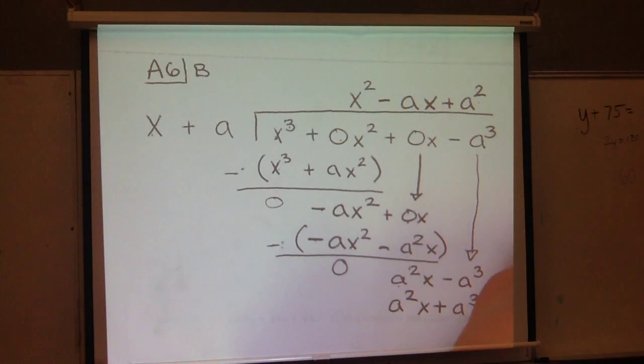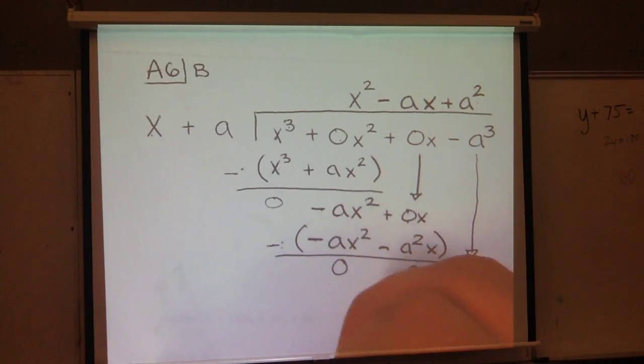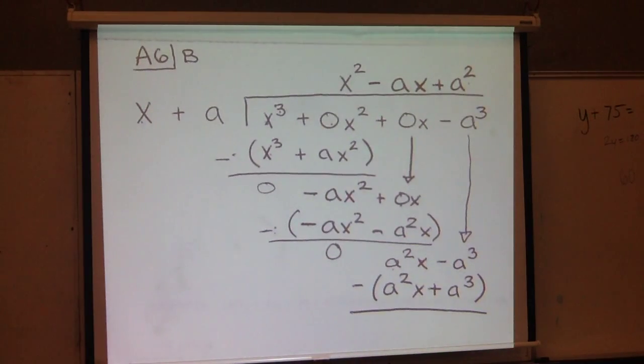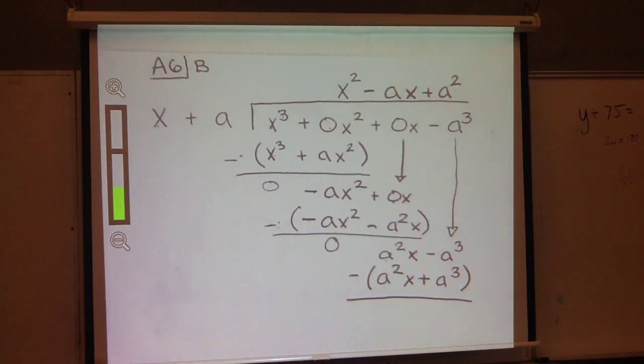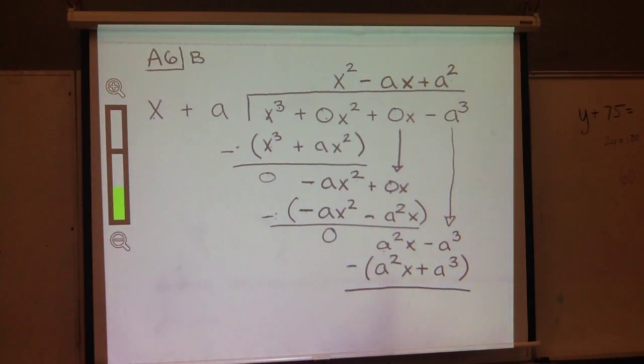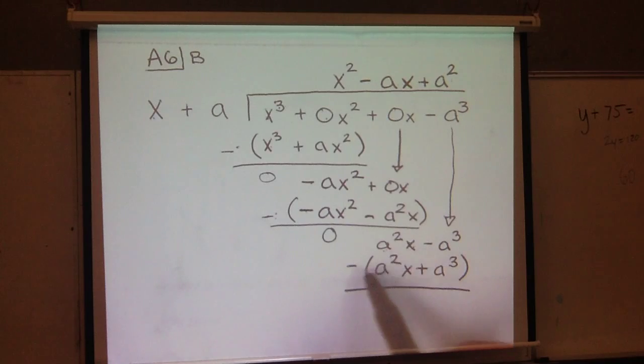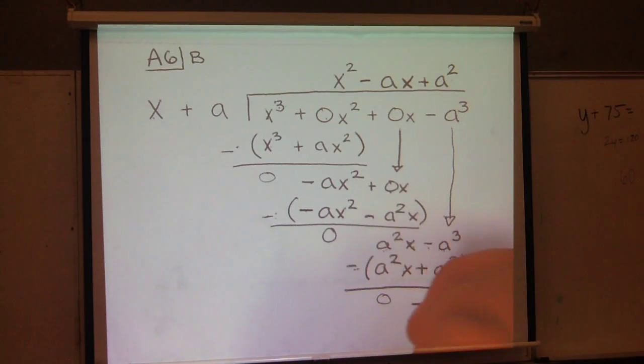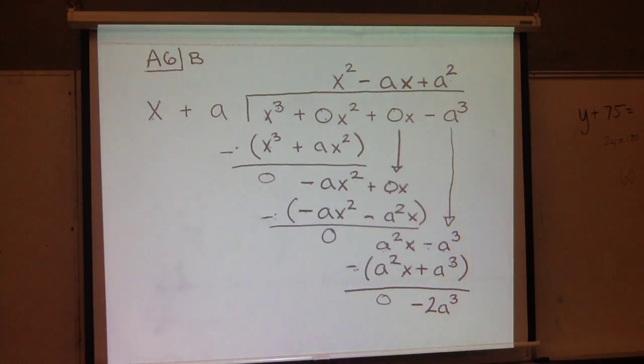And now here's where you really have to be careful with your subtraction, because if you don't do your subtraction right, you will get the wrong answer. A squared x minus a squared x is 0. Negative a cubed minus a cubed is negative 2a cubed.